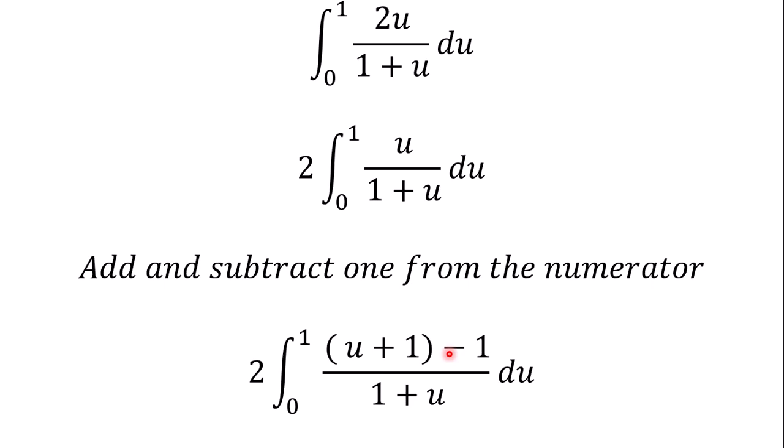Just pick one of the denominators and then we add the numerators, and that will give us 2 over 2, and then we get 1. So applying the same thing here, this one can be written as u plus 1 over 1 plus u minus 1 over 1 plus u. When we simplify it, you're just going to get the same thing as this.